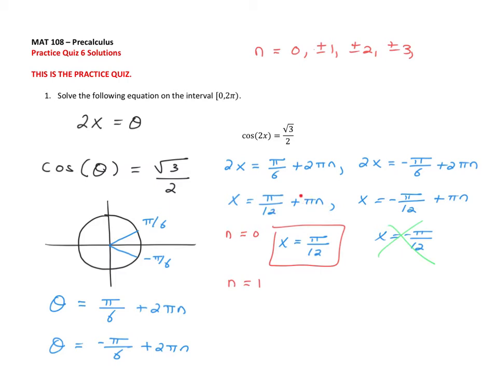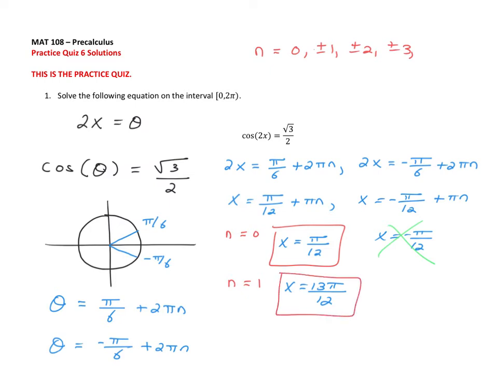Now, pi is 12 pi over 12. So that's 13 pi over 12 for the first solution. And that works. 13 pi over 12 is definitely less than 2 pi. In fact, if you want to get 2 pi, this number has to be 24 pi over 12, and it's certainly less than that. So great, we have another solution, 13 pi over 12.